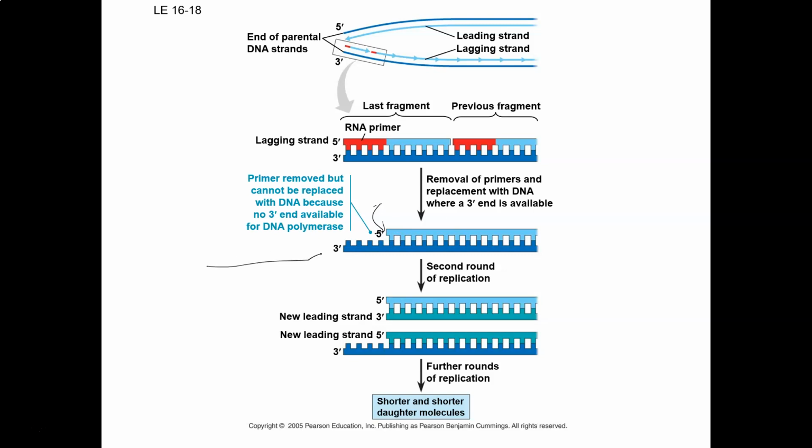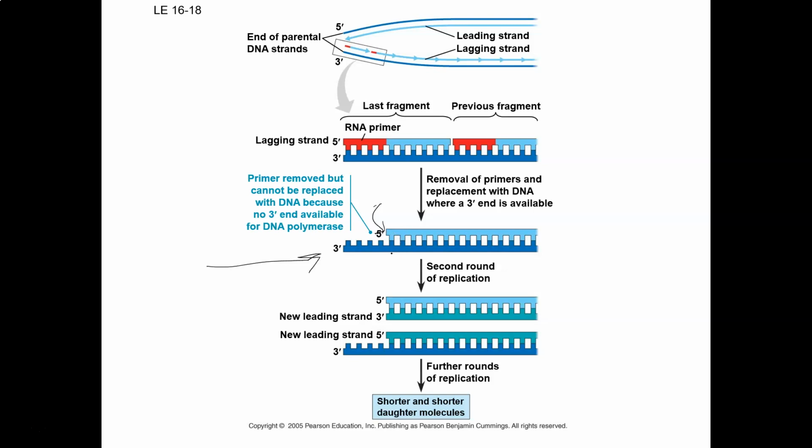So if you look at this middle piece of DNA here, the primer was removed, but now you have a 5' end there. And remember, I told you DNA polymerase III is picky. It can't add to the 5' end.